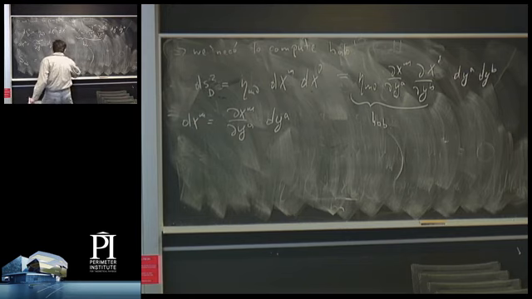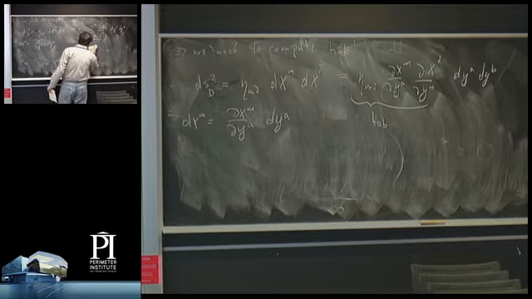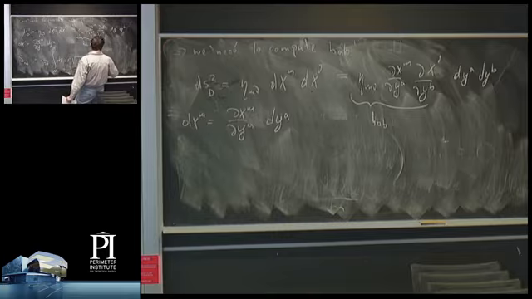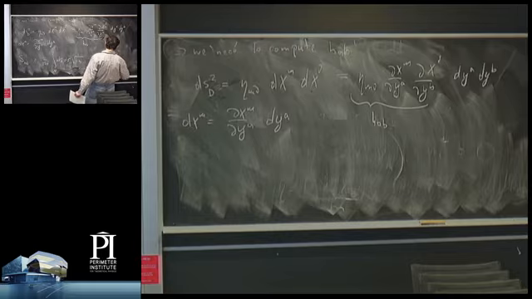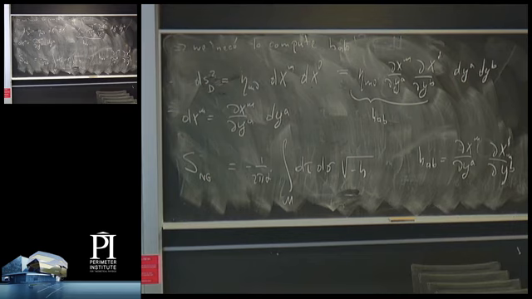Then I have d tau d sigma square root of minus h, where h_ab is equal to del x^mu over del y^a del x_mu over del y^b. By the way, it should be obvious that I could have said everything I said here in one dimension, and I would have gotten exactly the square root action for the particle. Okay, very good. So now you see the appearance of alpha prime.